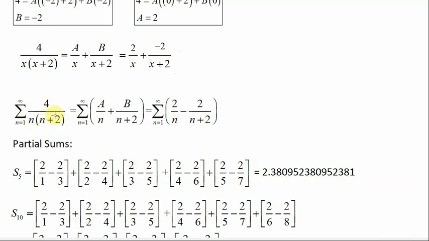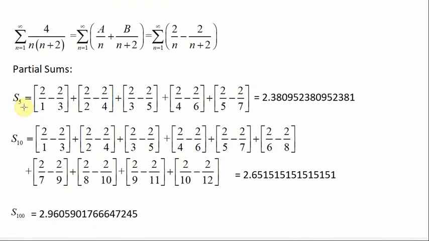And so this is our original series right here. The expression 4 over n times n plus 2 can be rewritten as 2 over n minus 2 over n plus 2. For this series, the sums of the first few terms are called partial sums.